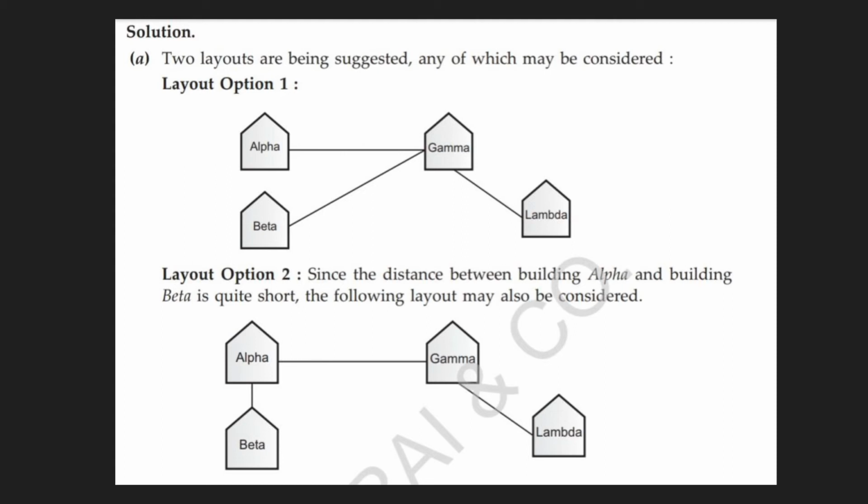Another layout is based on distance. Since the distance between alpha building and beta building is quite short, alpha and beta are directly connected, and alpha and gamma are directly connected. Gamma and lambda are connected with each other. So these are the 2 layouts.